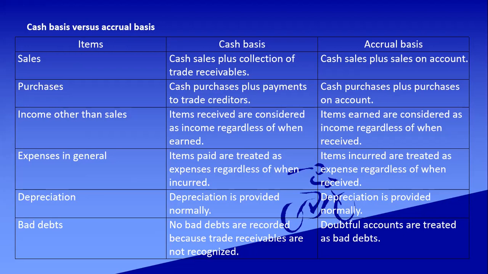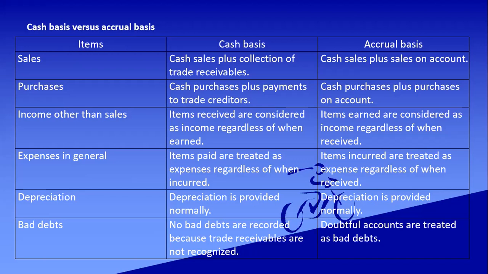That applies to your income other than sales, like your rent income or interest income. So what's important under the cash basis of accounting is that for income other than sales we include items received.